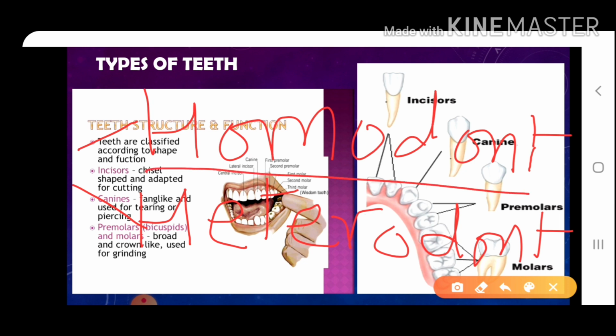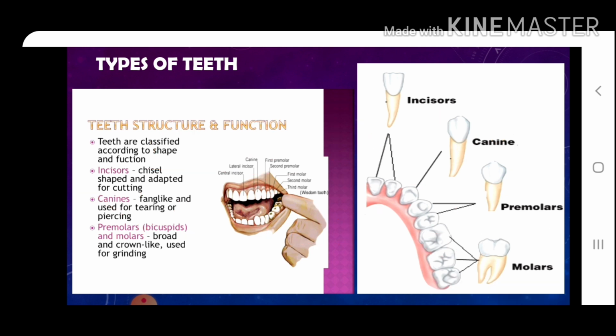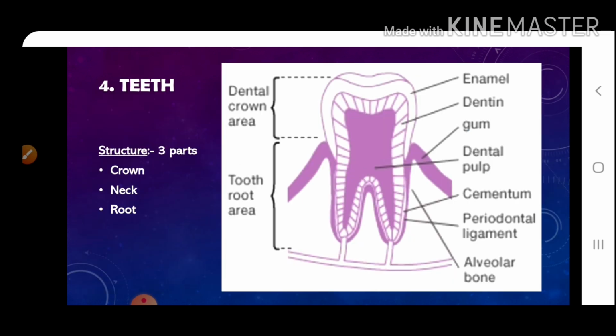Homodont, where all the teeth are similar in shape and function, are referred to as homodont. This kind of teeth you would see in lower vertebrates like amphibians, reptiles and fishes. If you have ever seen a shark in a picture or a movie, you would see that all the teeth present in the jaw of a shark are similar in shape and similar in function.